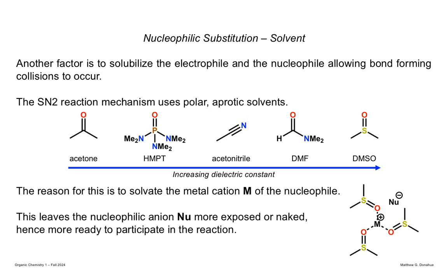So the reason, again, that they're aprotic is as shown in this little figure here. The nucleophiles that we're going to use are typically negatively charged, and then they're balanced out by a positive metal cation. So we see that here with M+.